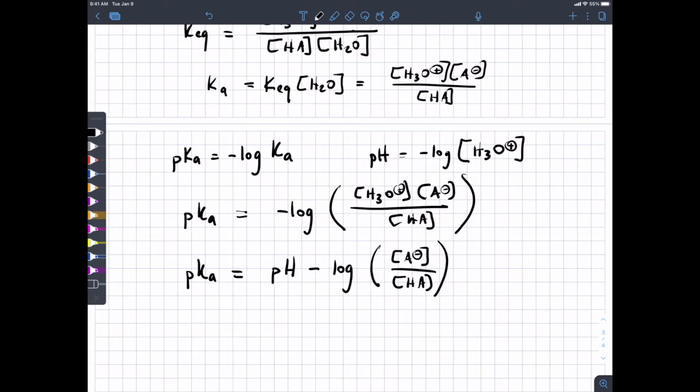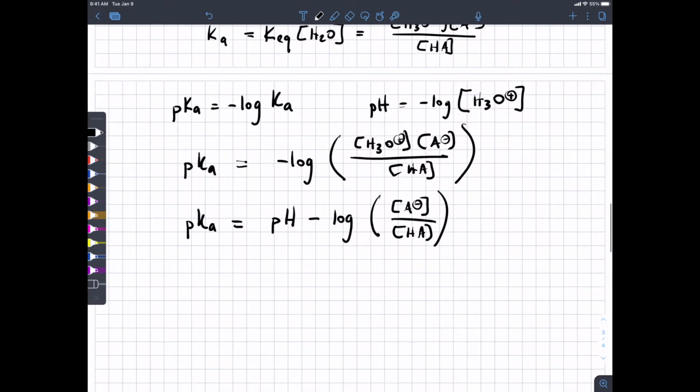And this is essentially the Henderson-Hasselbalch equation, or a form of it, but we're going to turn it into the useful form that we will use. We're going to subtract pH from pKa, and that's going to equal the log of the ratio between the acid concentration and the conjugate base concentration.